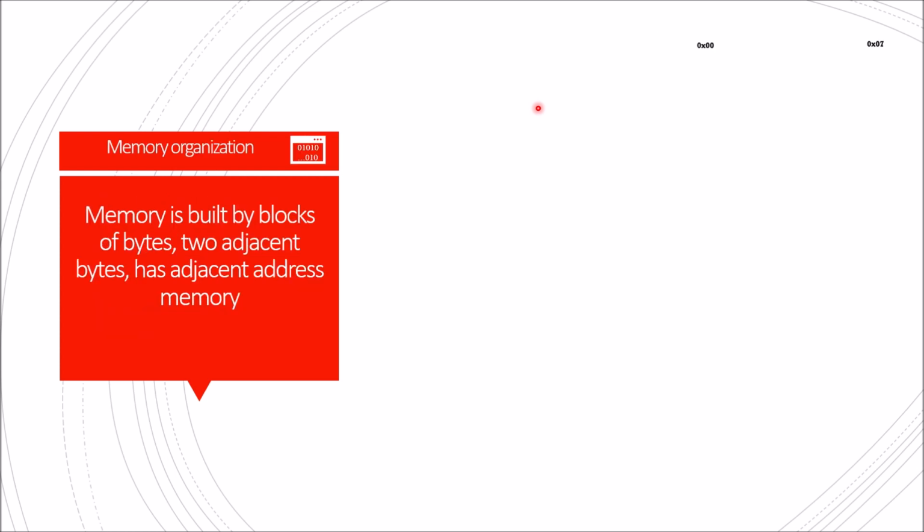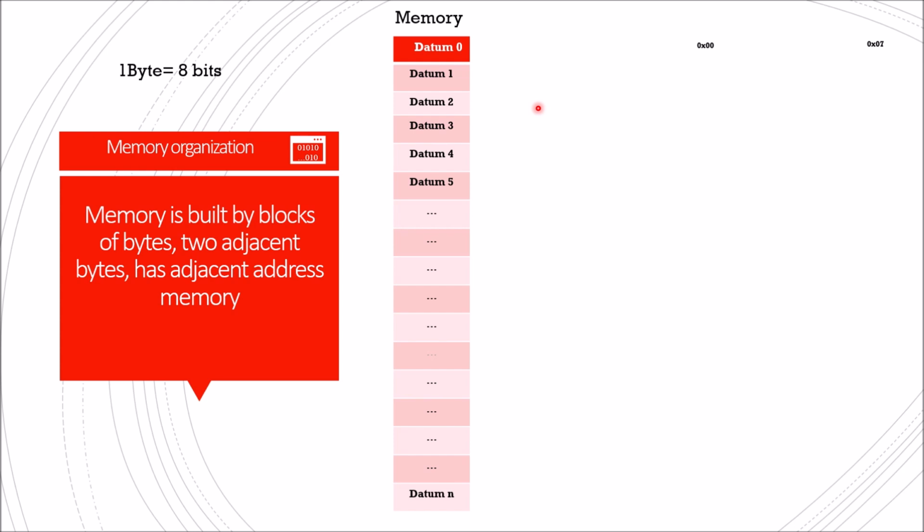Let's move on. The memory organization was reviewed in previous videos, and just as I told you, the memory is built by blocks of bytes. Each cell is a byte which contains 8 binary digits, zeros or ones.